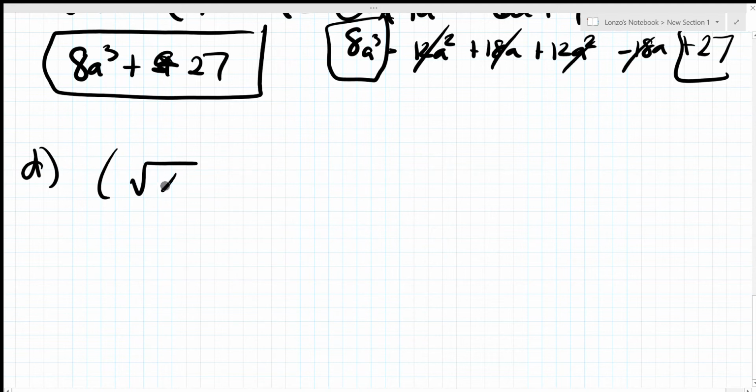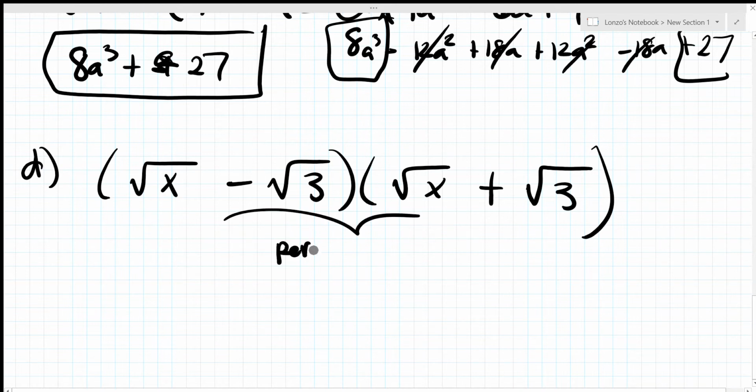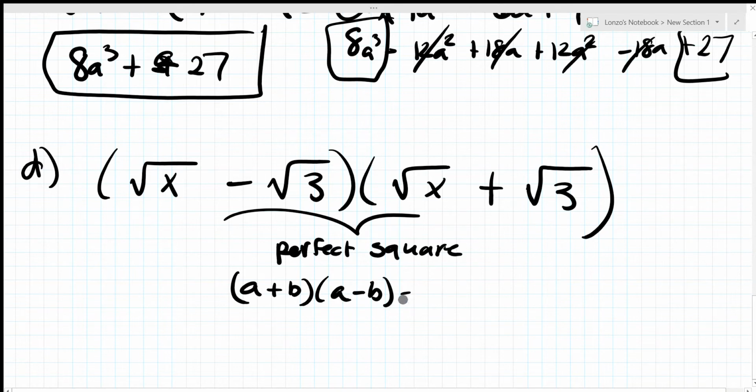So you're going to multiply square root of x minus square root of 3 times square root of x plus square root of 3. You can actually multiply it, FOIL it out, but I know there's a simpler way. This is called the difference of squares: a plus b times a minus b equals a squared minus b squared.